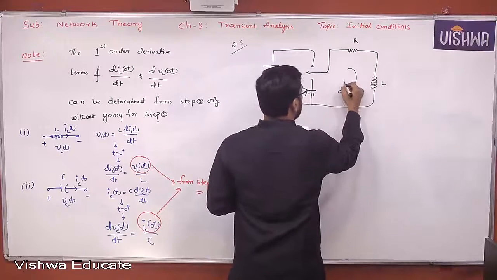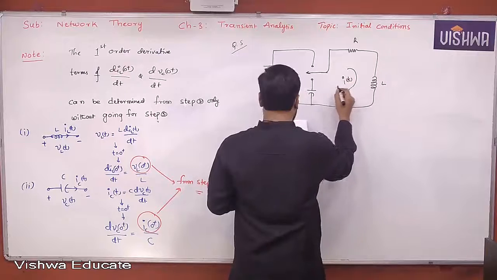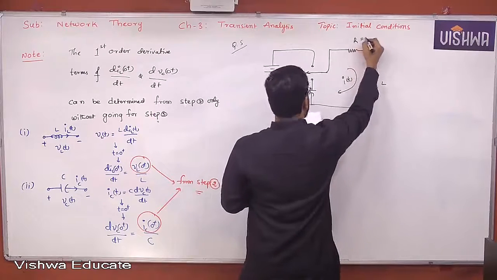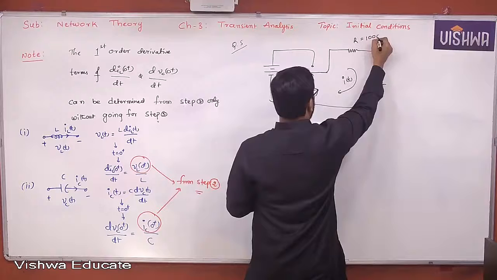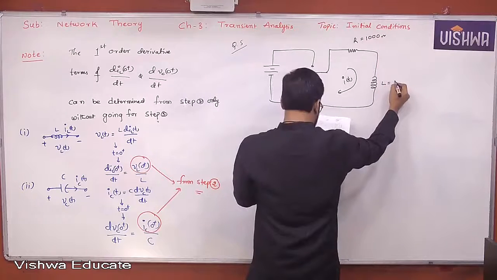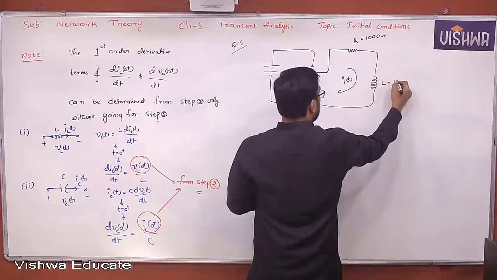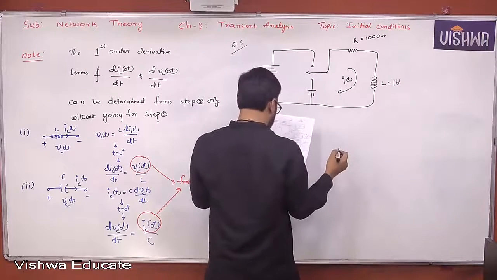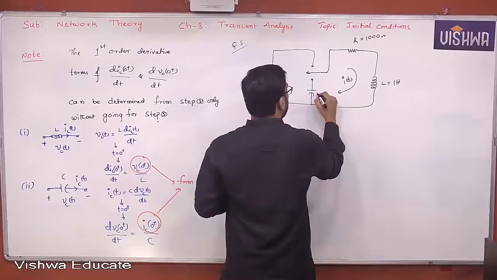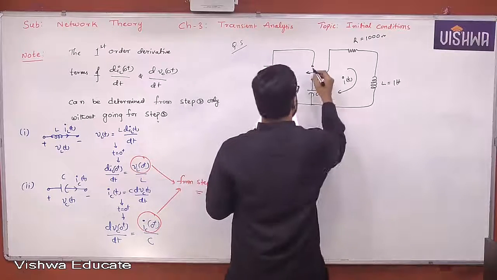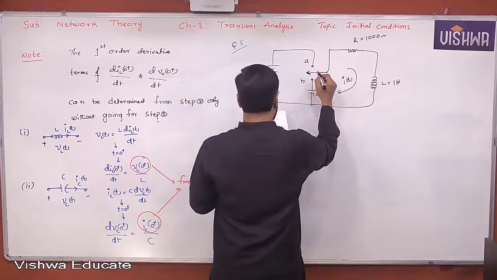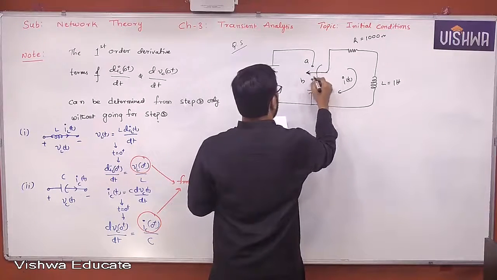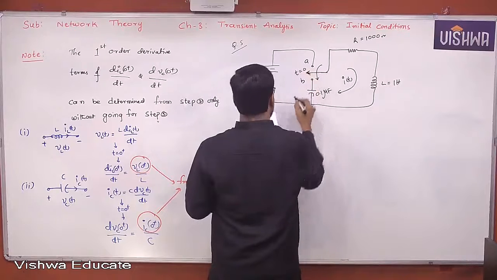So this is i of t. R value is given. L value is 1 Henry, 0.1 microfarad. This is A. At t equal to 0, the switch is moved from A to B.